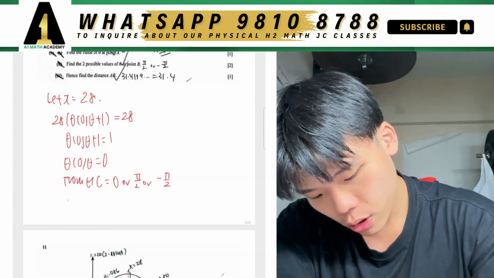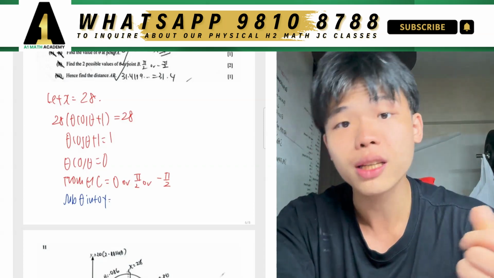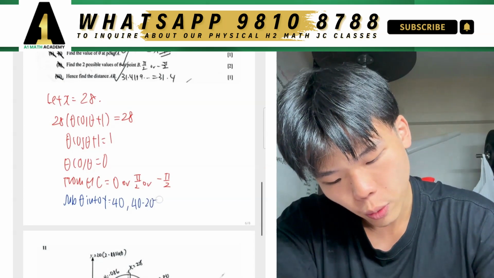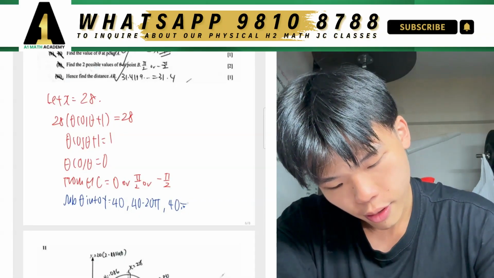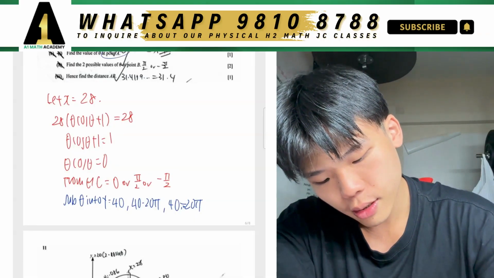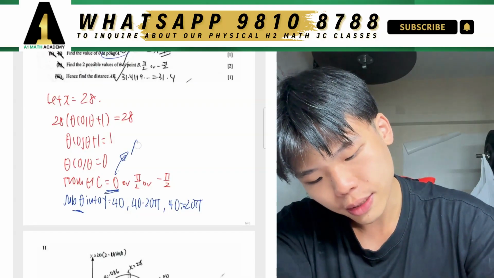So sub theta into y, and you get three different values. The first one you get 40, the next one you get 40 minus 20 pi, and then the last one you get 40 minus 20 pi again. So it becomes very apparent to us that at point A, the value of theta is 0. So this is for A.